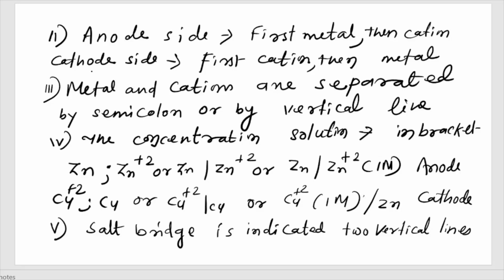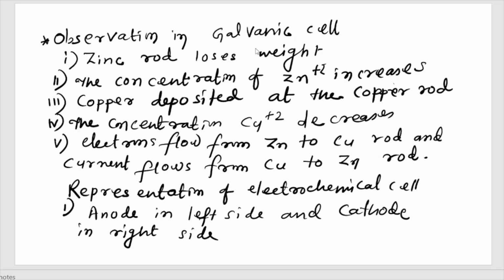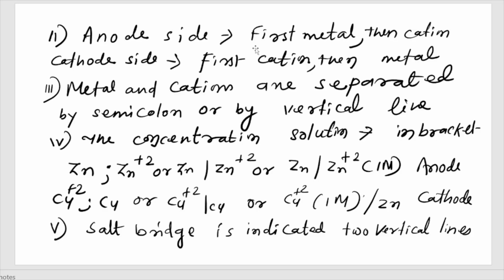Number 2, the anode side. One is the cathode side, the other is the anode side. On the anode side, first is the metal, then the cation.